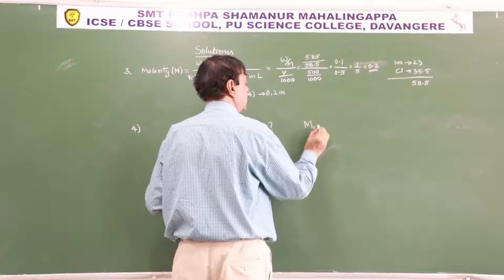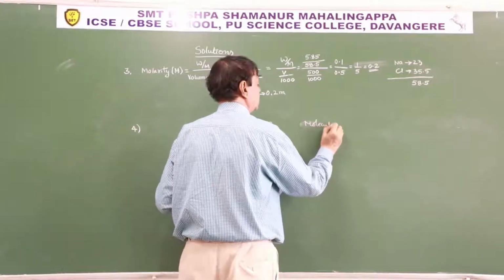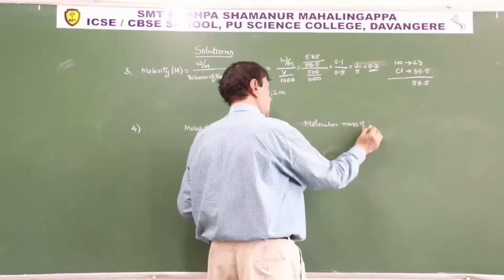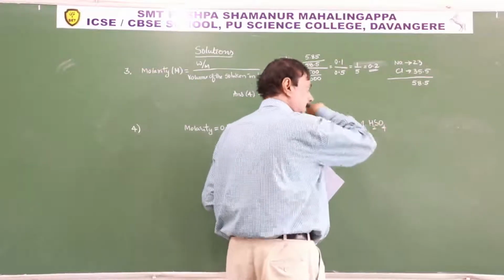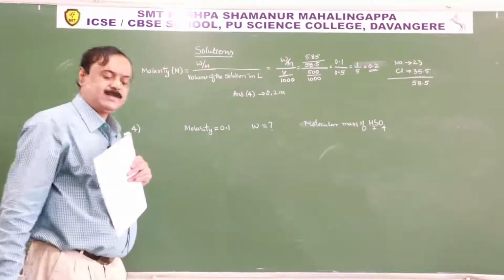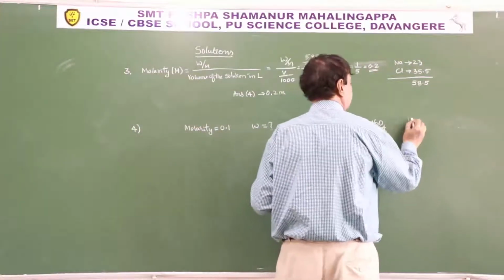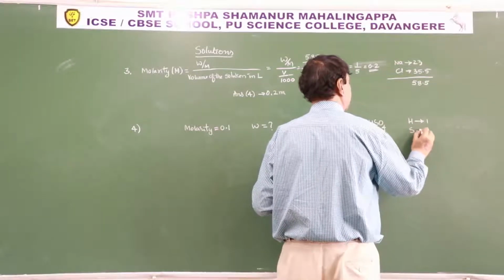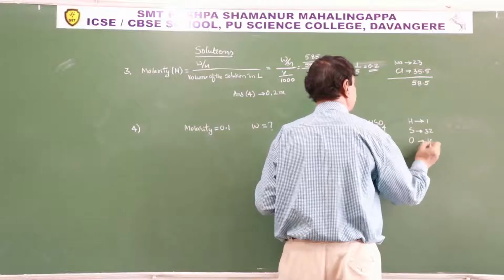There is a molecular mass of sulfuric acid that you have to calculate. But you should know the data: atomic mass of hydrogen is 1, atomic mass of sulfur is 32, whereas atomic mass of oxygen is 16.